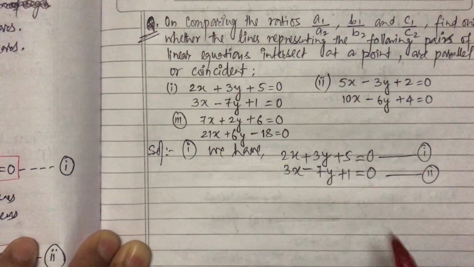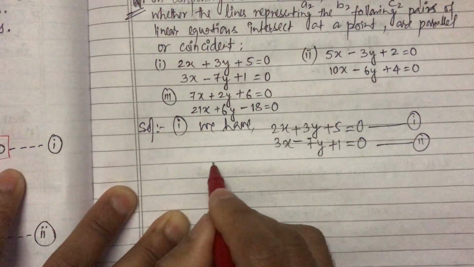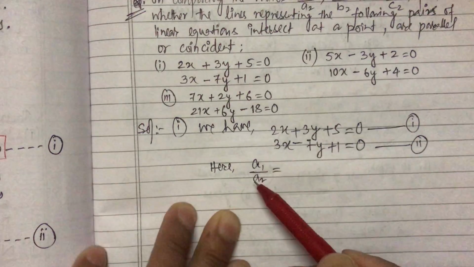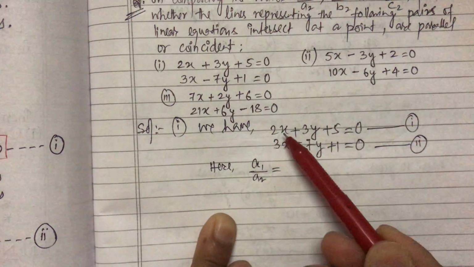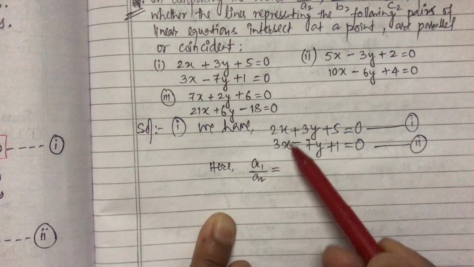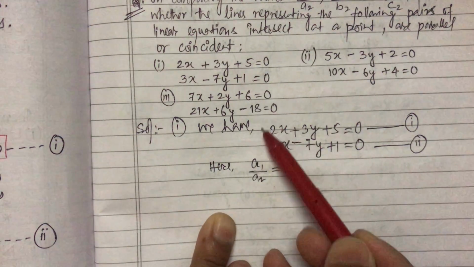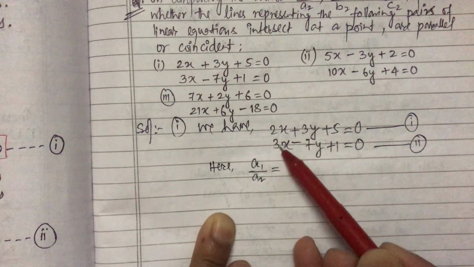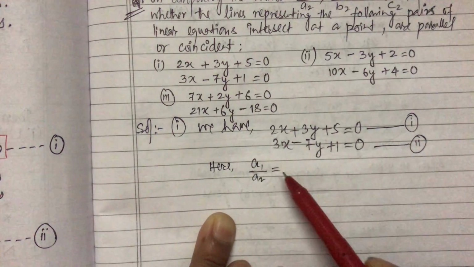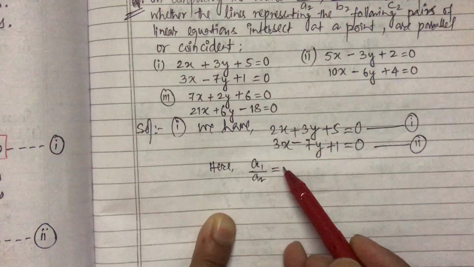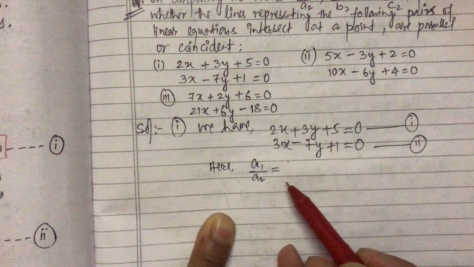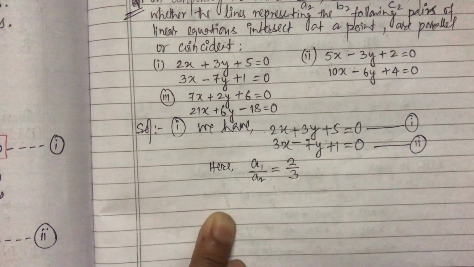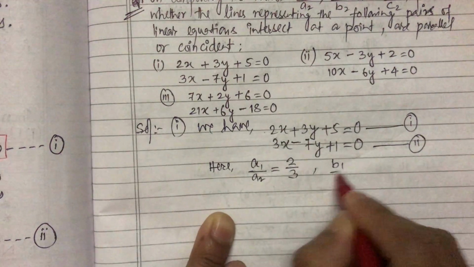Now let's compare. a1 by a2: a1 and a2 are the coefficients of x in equation 1 and equation 2. The upper one is a1, listen carefully, and the coefficient of the second x, the lower one, is a2. So 2 and 3. When you substitute the values, remember to write the number along with its sign. Here 2 is positive, 3 is also positive, so I can write 2 by 3. Done. Next, b1 b2.